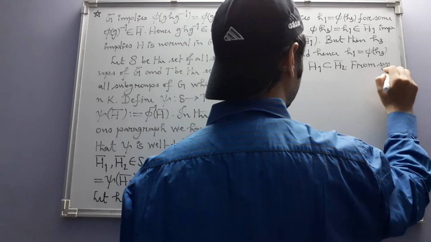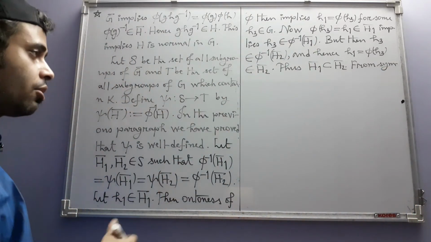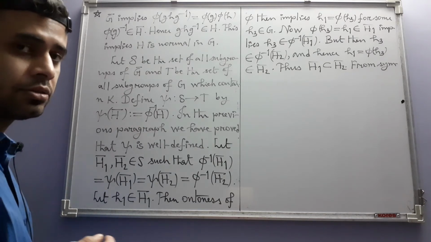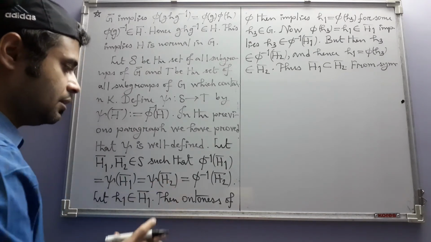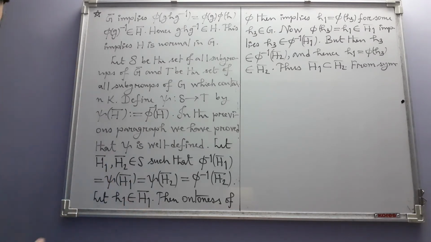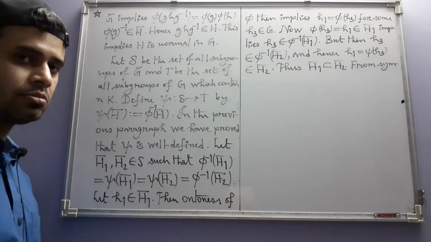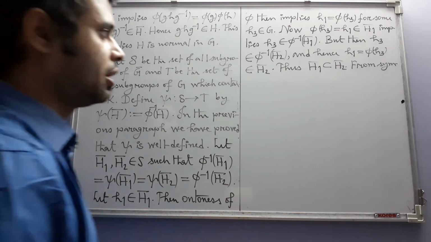From symmetry, since there is nothing special about H1 bar or nothing special about H2 bar, whatever we did with H1 bar, an exact similar thing can also be done with H2 bar, giving us the ultimate conclusion that H2 bar is also contained in H1 bar.